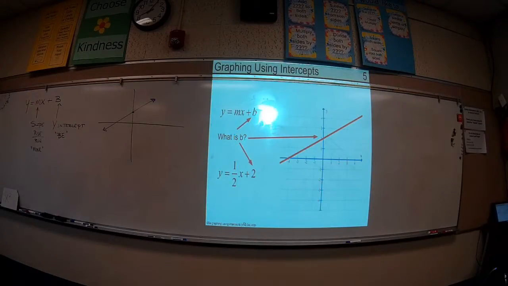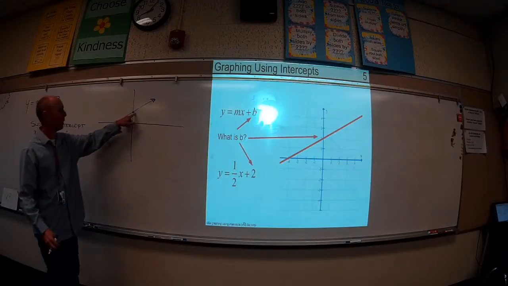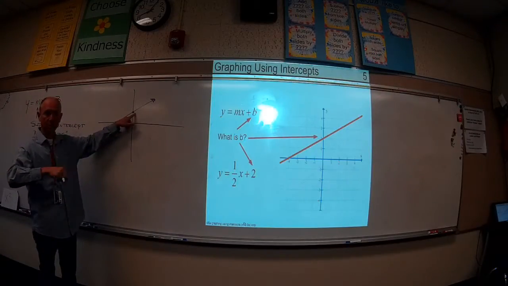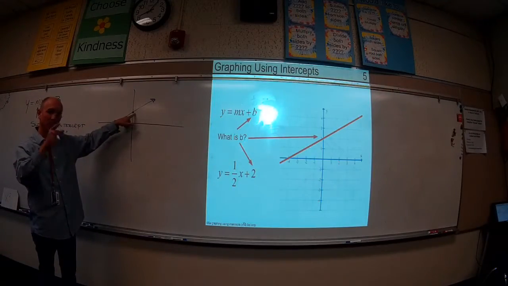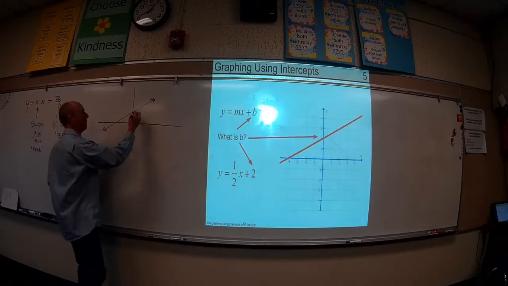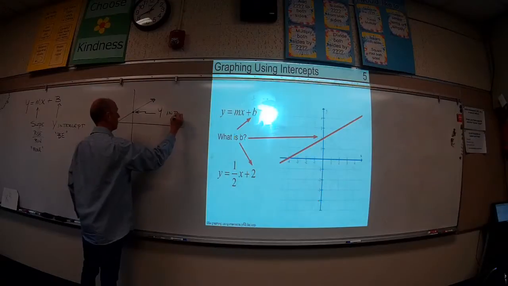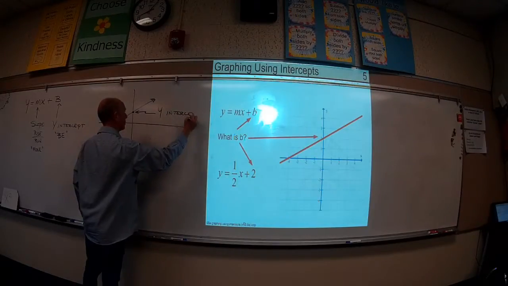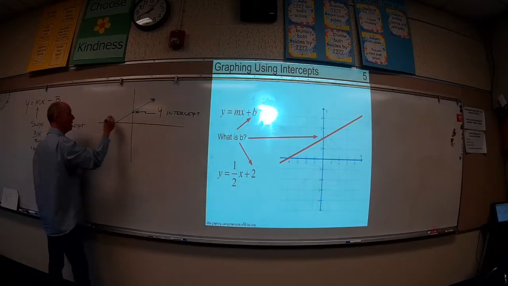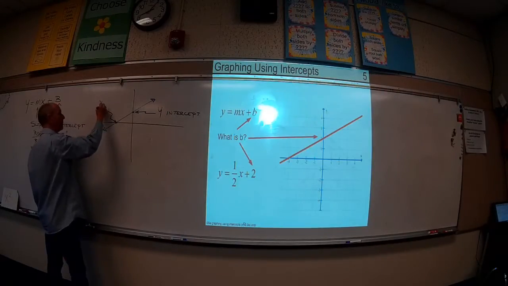What is that point called, Jackson? The x-intercept? This is not the x, but you're super close. It's the y-intercept. And what is this point right there? That's the x-intercept.